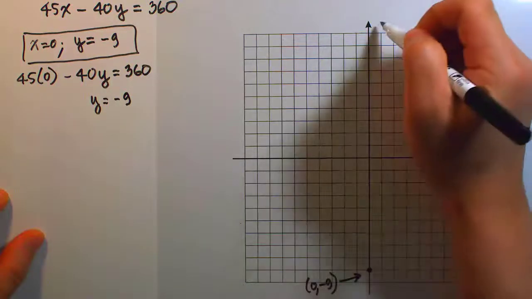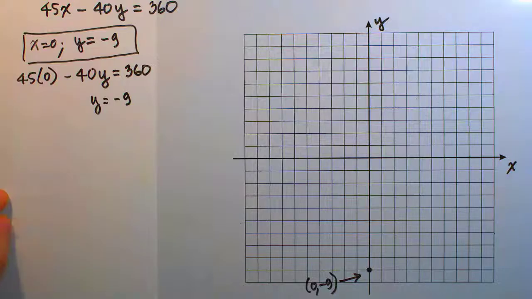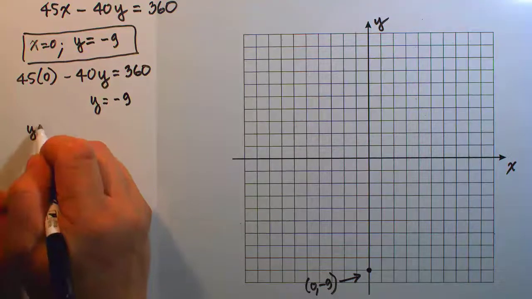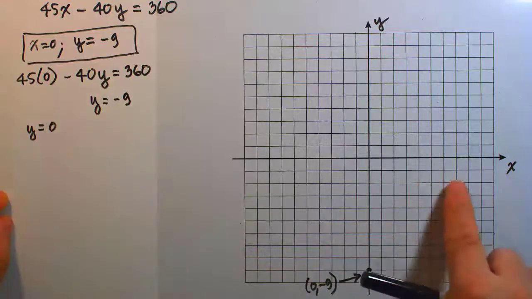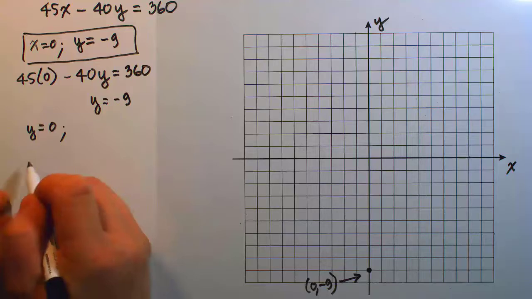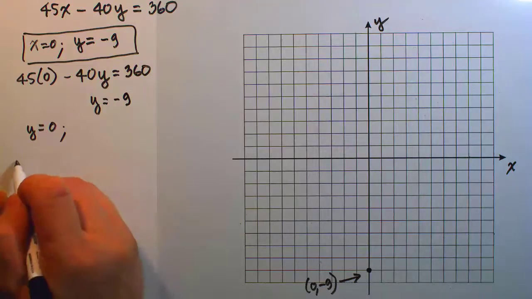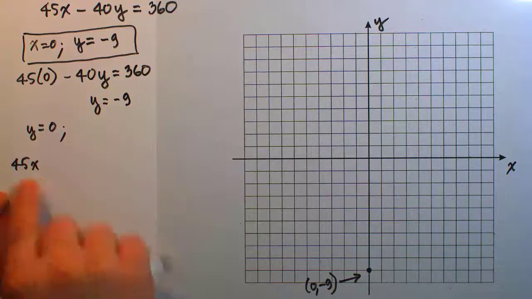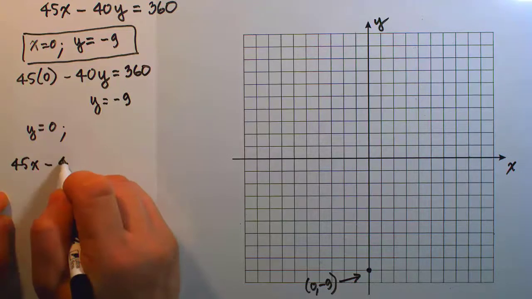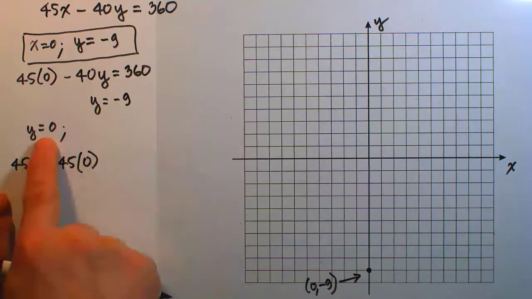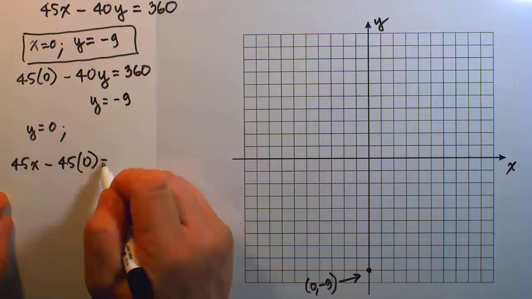The x-axis, the y-axis. And so now we're going to purposely let y value equal 0, because on the x-axis, y value equals 0. And in the meanwhile, we're going to find x value by solving this equation, 45x. Now x is the remaining unknown, minus 45 times 0, because we already set y equals 0, equals 360.